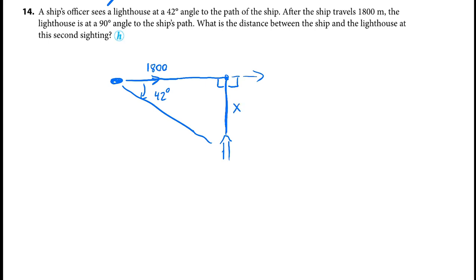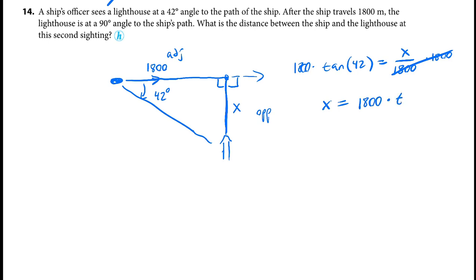Let's call it x. Well, it's just a right triangle where we're looking for the opposite side. We have the adjacent side. So that's, again, TOA. That's tangent of 42 degrees equals x over 1,800. The x is on top, which makes it a little easier algebraically because we just multiply both sides by the 1,800 meters. And we get that x is equal to, because on the left that cancels out, exactly 1,800 meters times the tangent of 42 degrees.